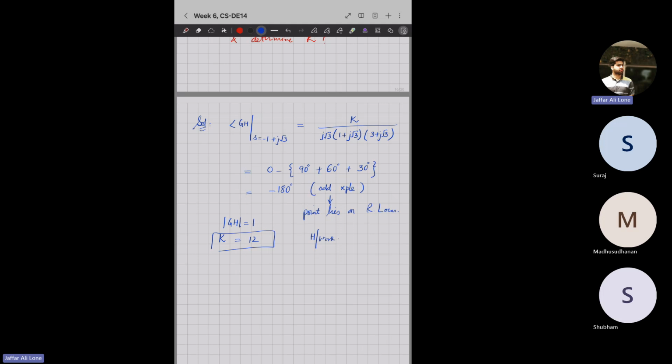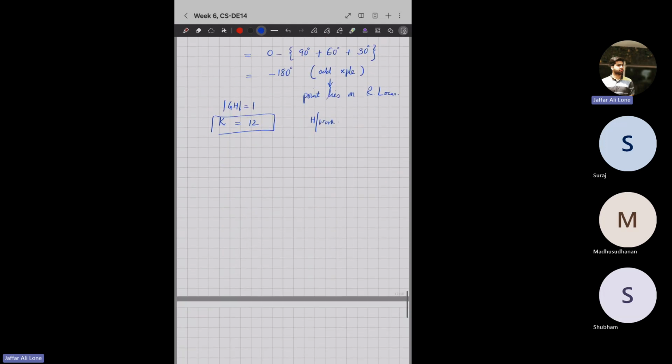Now quickly, let's come to the construction of root locus. Do you want me to explain this a bit or directly solve questions? I think I can directly take a question because you might have gone through the lectures, so there is no need.